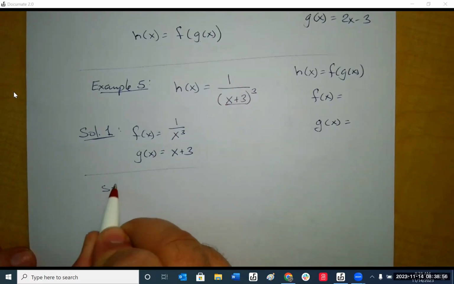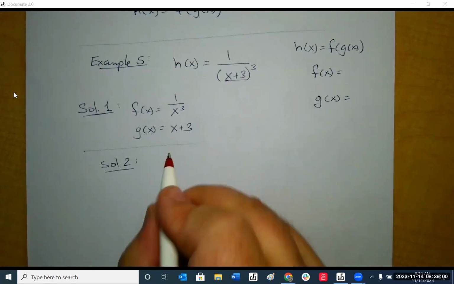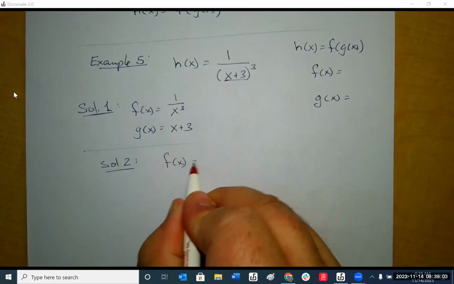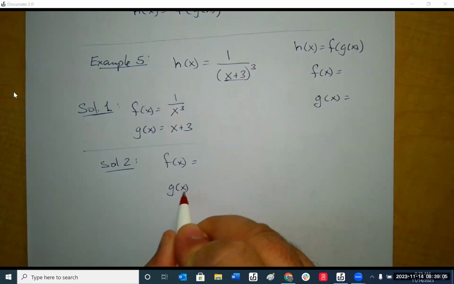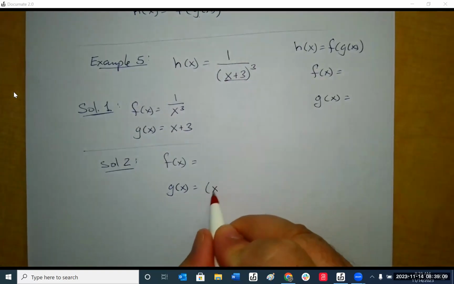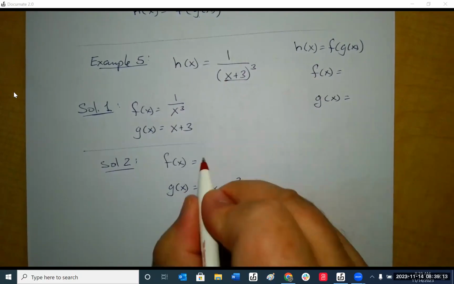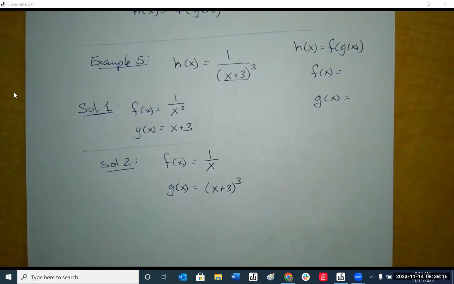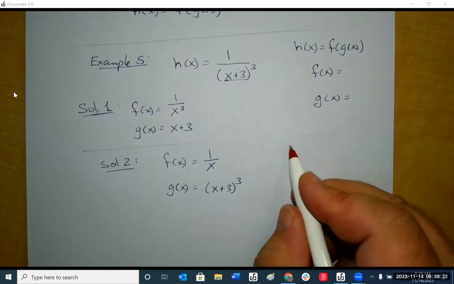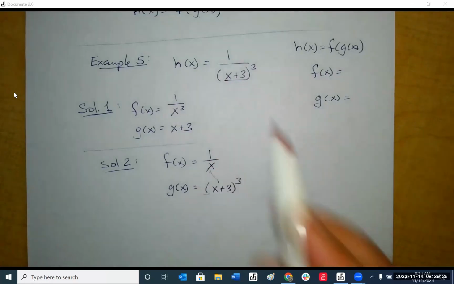Or the inner one could be x plus 3 cubed, and the outer one could be 1 over x. Because when I do the composite function, this equation goes in place there, and I have that.